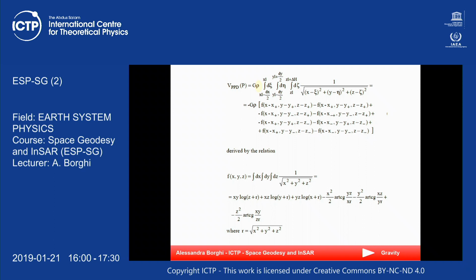Okay, a lot of formulas, and at the end we arrive at this solution, where the function f is given by this relationship. And of course it depends on the density. We decide the density. When you compute a Bouguer, you have to have an idea of the density, or the mean density, of the area that we are considering.